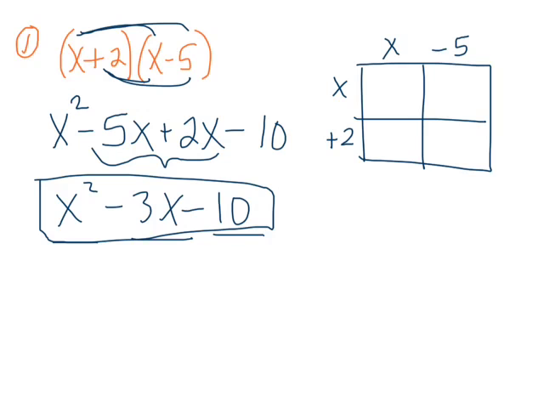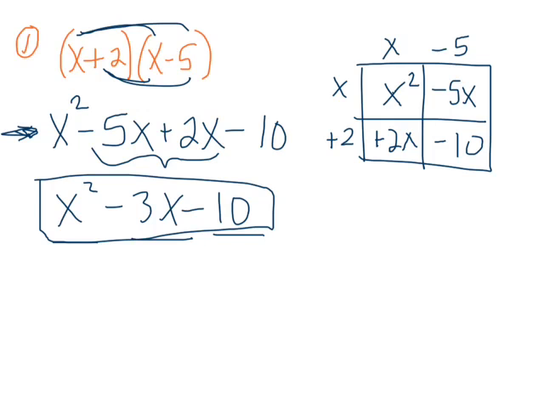So x times x goes in this blank here, so that's x squared. X times negative 5 is negative 5x. X times positive 2, positive 2x. And then 2 times negative 5, negative 10. Now if you notice, this is exactly the same thing as what I got in this step right there. It just looks different. It's in a different form.